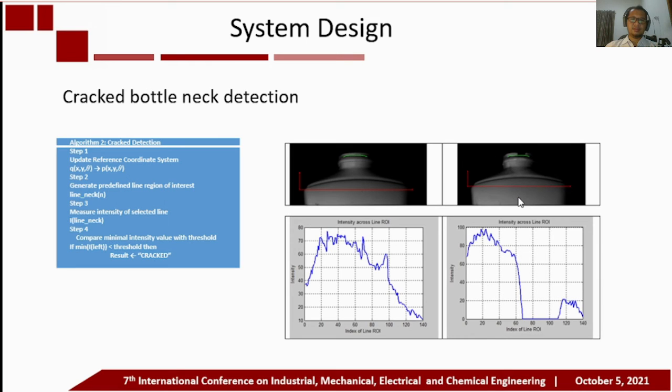And then for the cracked bottleneck detection, we make some line detection in the bottleneck, and we can see that there is a different pattern in line intensity between the correct one and the defective one. In the defective one, there is a low intensity range here. Based on this, we can detect whether it is correct or fails to pass.